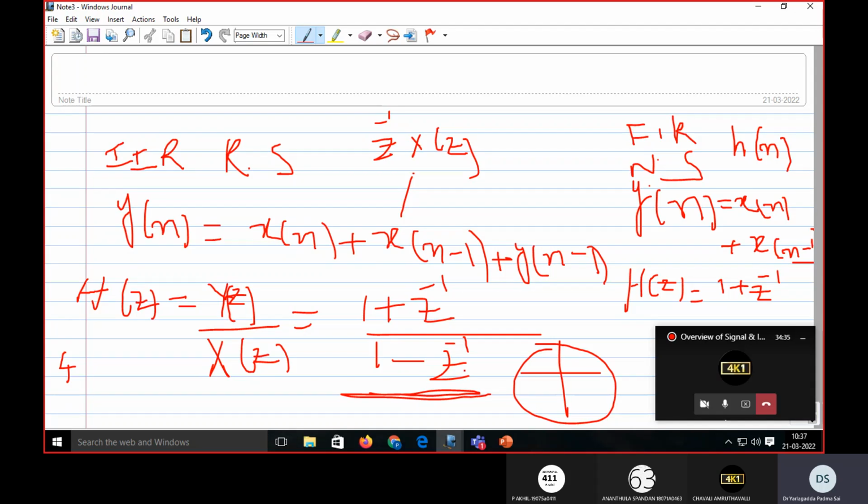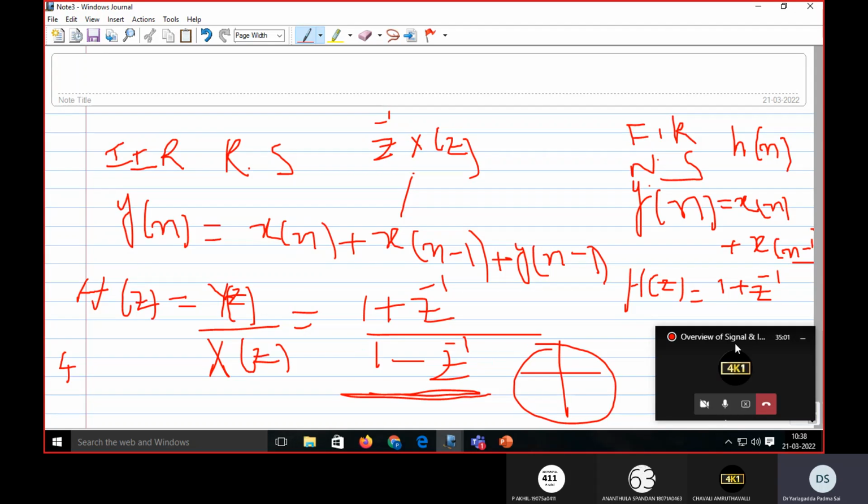But I don't have such a processor available; I am having only a 4-bit processor. Because of that, I have to truncate or round. So there is no guarantee: previously it was stable, but now you don't know whether it is stable or not. So all the time you have to take care of this. This is the one problem.